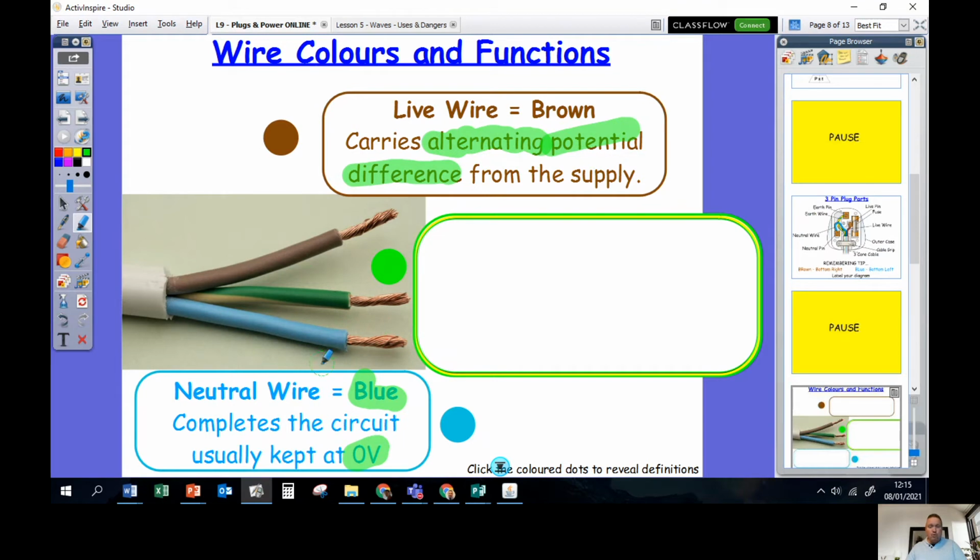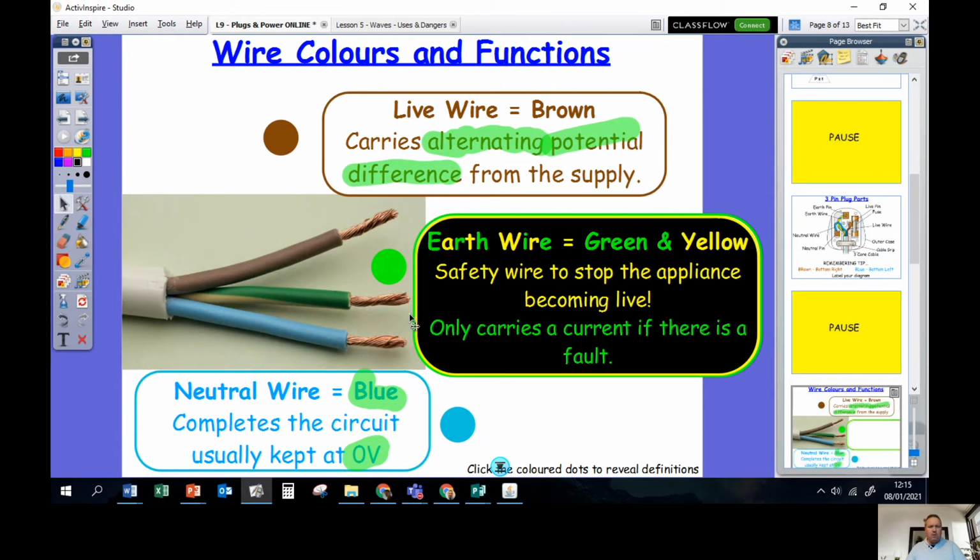Now, those 2 wires on their own would be enough to make a circuit work. So what's the yellow and green earth wire doing? Well, it's a safety wire. And it's one of the safety features that plugs have. And it's there to stop anything that's plugged in from becoming live.